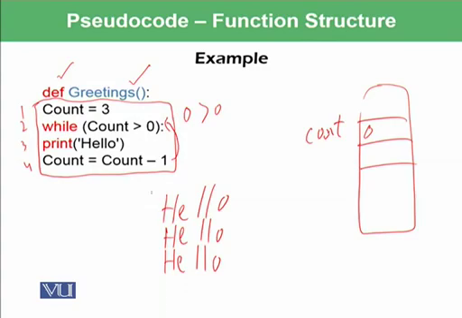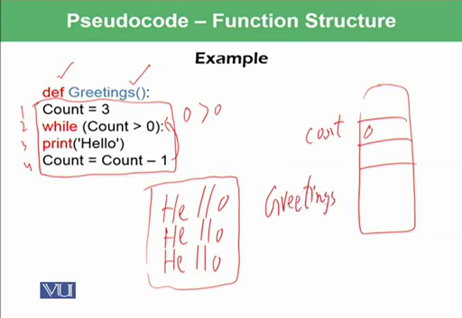Wherever we want to print these 3 hellos, we can simply write over there greetings. Wherever we write this word greetings, all of these 4 statements will be executed automatically, and you do not need to write all of these 4 statements again and again. This is basically the advantage of putting things into a function.